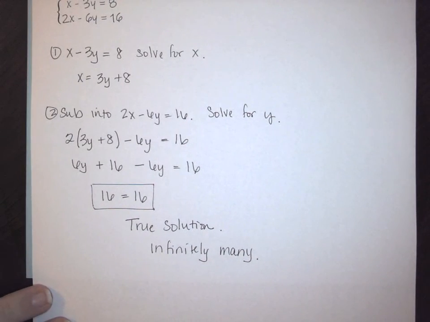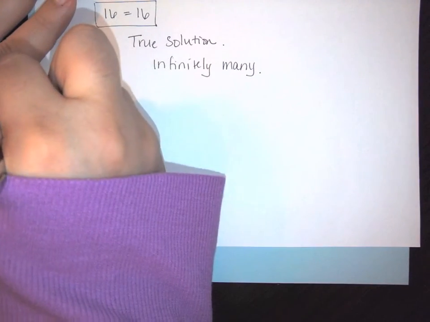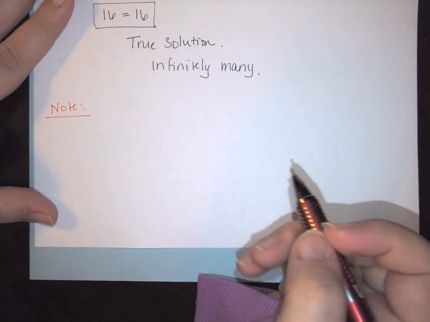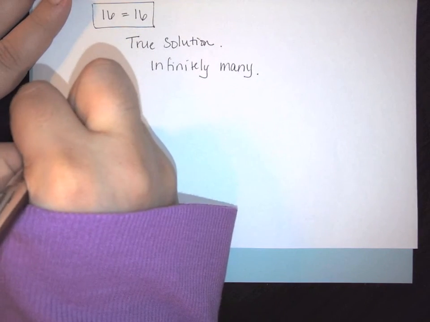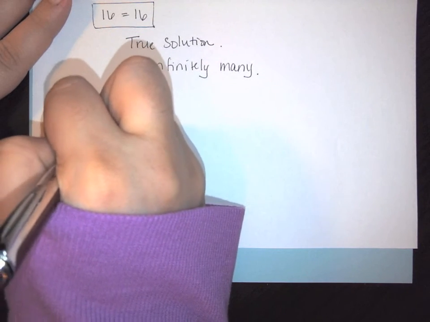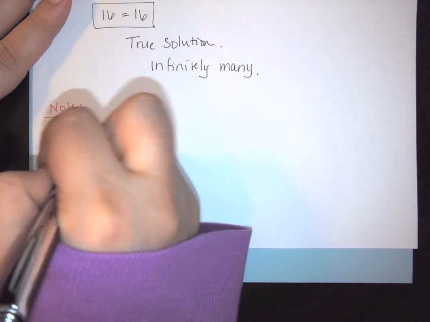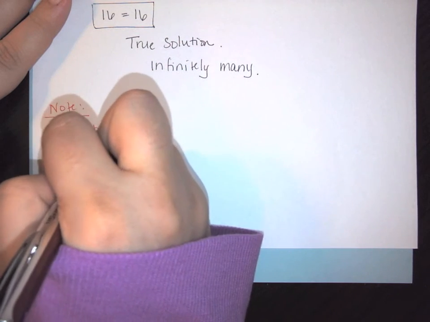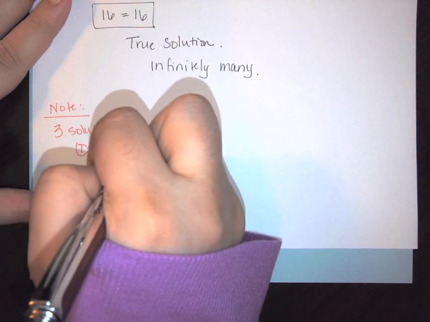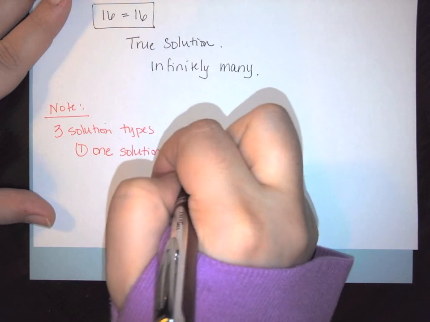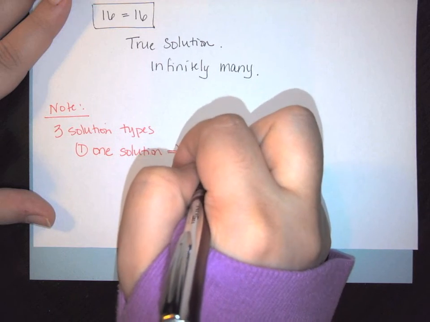Okay? So here's a note for you to keep in mind. We have 3 solution types. The first one is a one solution, which will be in the form x comma y.